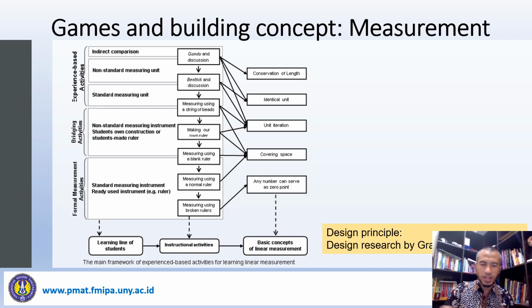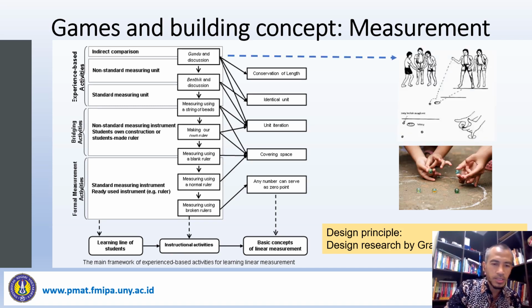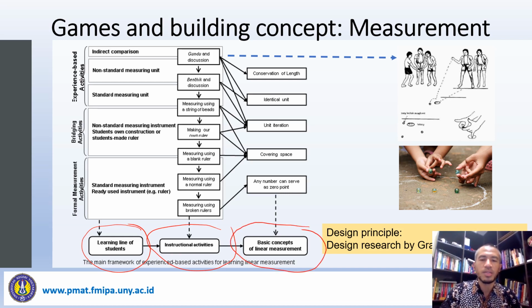That's why we have 3 components. The first one is the learning line of students. The second component is the instructional activities. And the last aspect is the basic concept of linear measurement. This is as the goal.